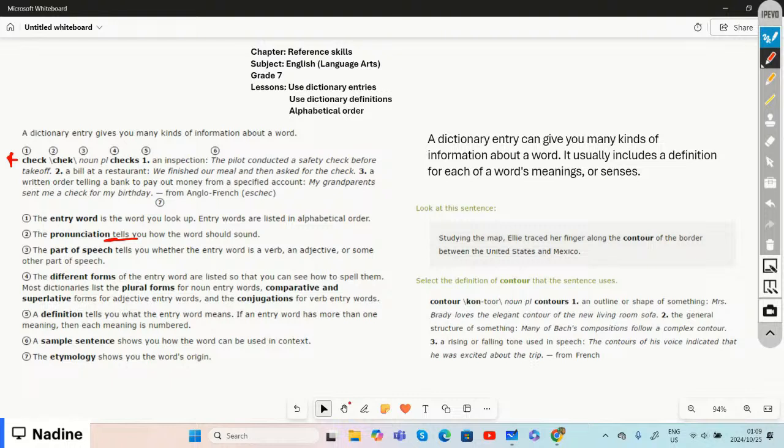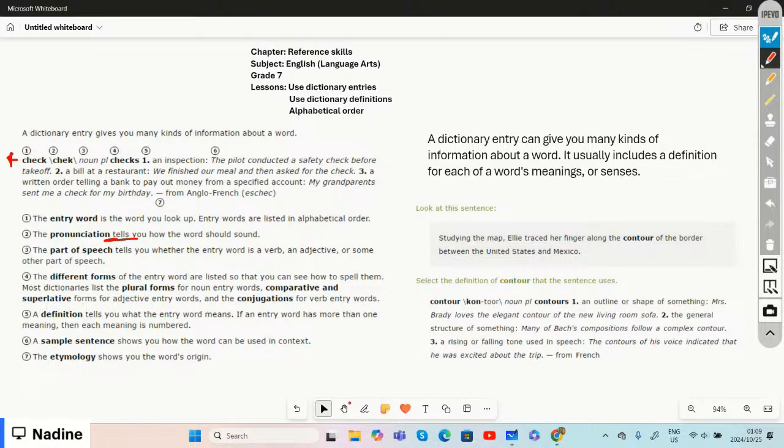So we said the first thing we have is our word. The second thing is the pronunciation. The third thing is whichever part of speech it is, whether it is a noun, a verb, an adjective, adverb, or so on. The fourth thing that a dictionary entry gives us is the plural form of that word.